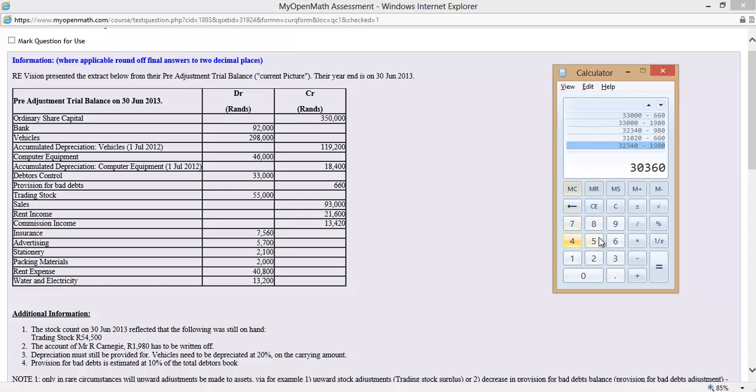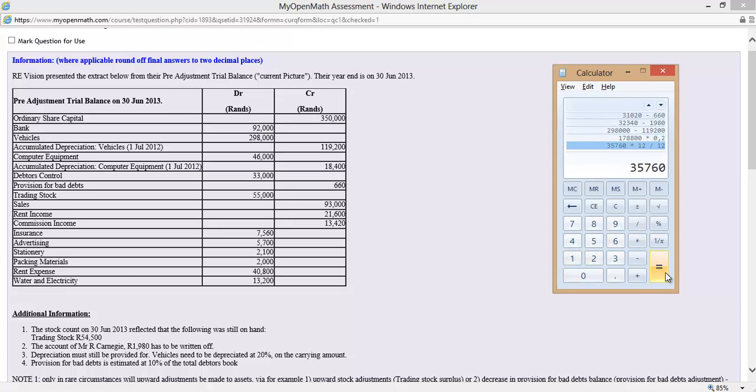And that is going to be 298,000 Rand minus my 119,200. And that is going to give me the carrying amount of 178,800. I'm going to multiply this by 0.2, which is going to give me 35,760 Rand. And if I multiply by 12 divided by 12, that's exactly 1.